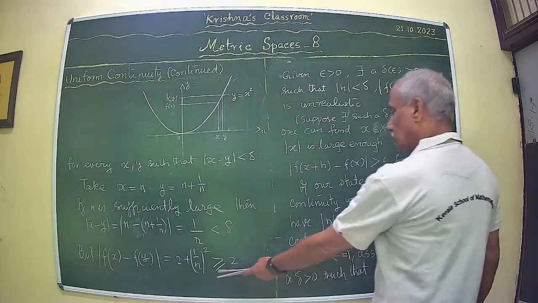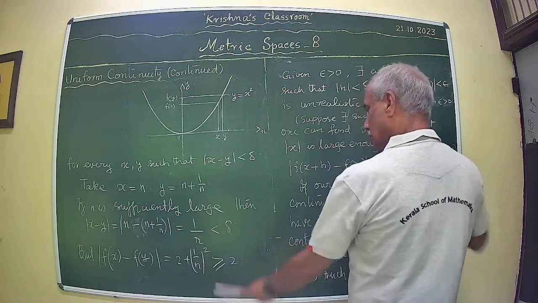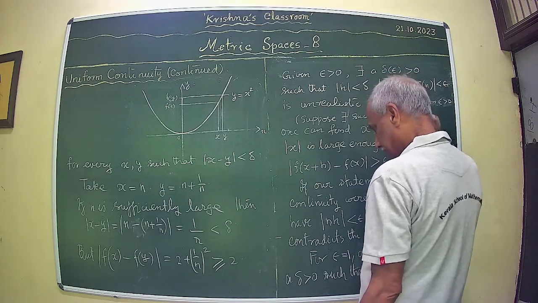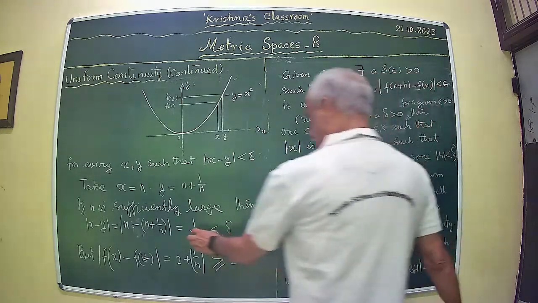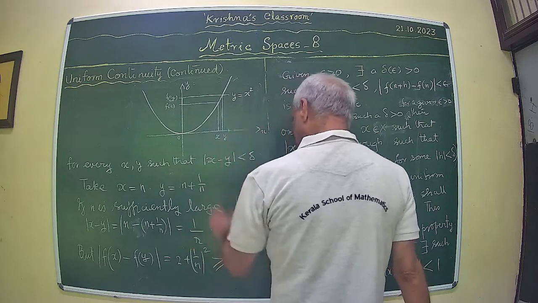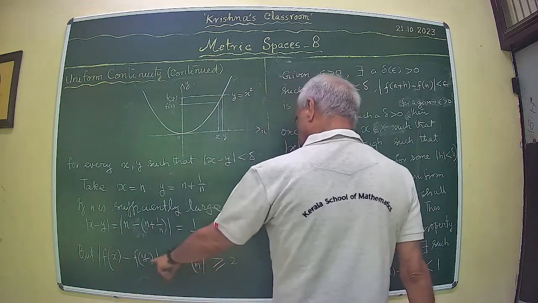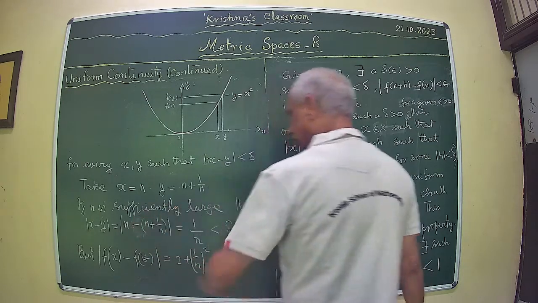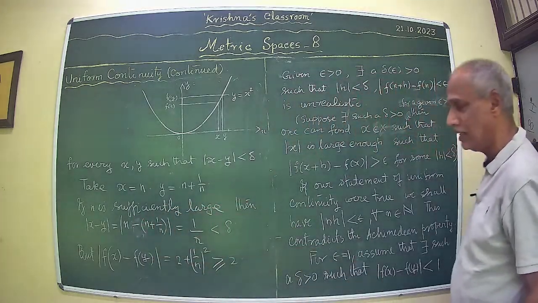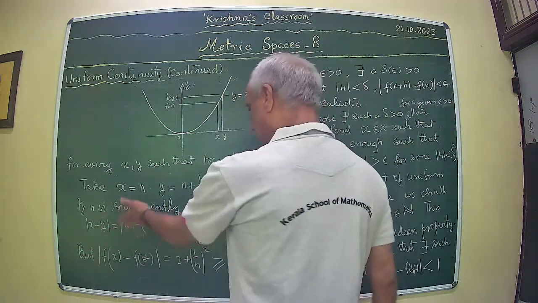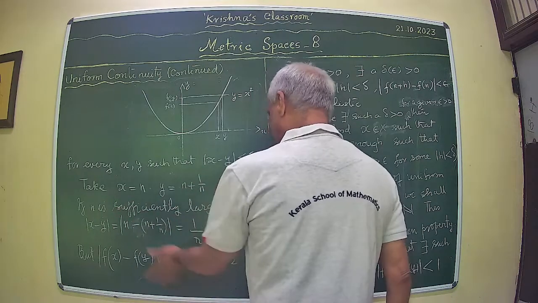Therefore, you see that this is going to be greater than or equal to 2. So you see that by making n large enough, you cannot make this small, as long as you take the points x and y as n and n plus 1 by n. But universally it should be true, so here we are showing a case where it doesn't work.